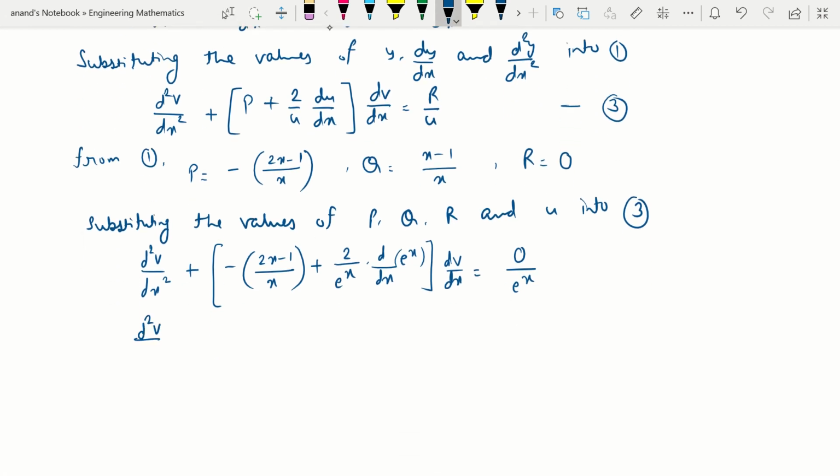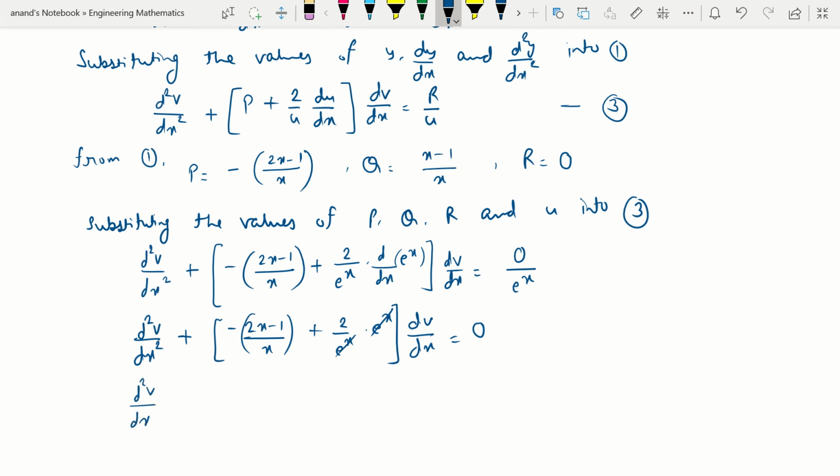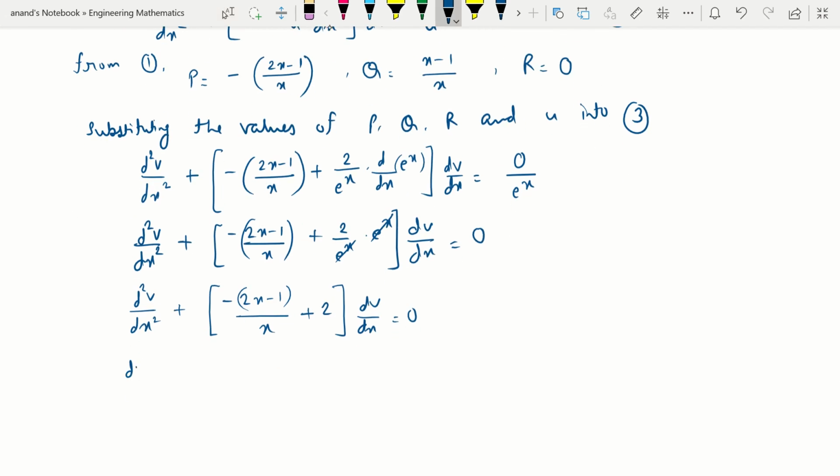As a result we get d2v by dx2 plus (minus (2x minus 1) upon x plus 2) dv by dx equals 0.